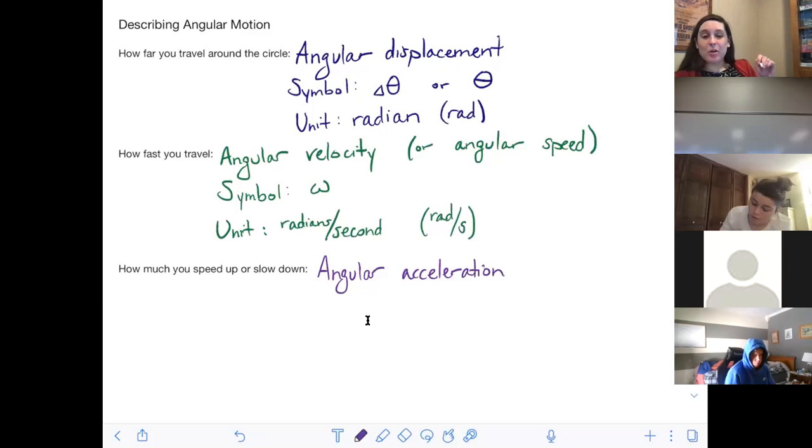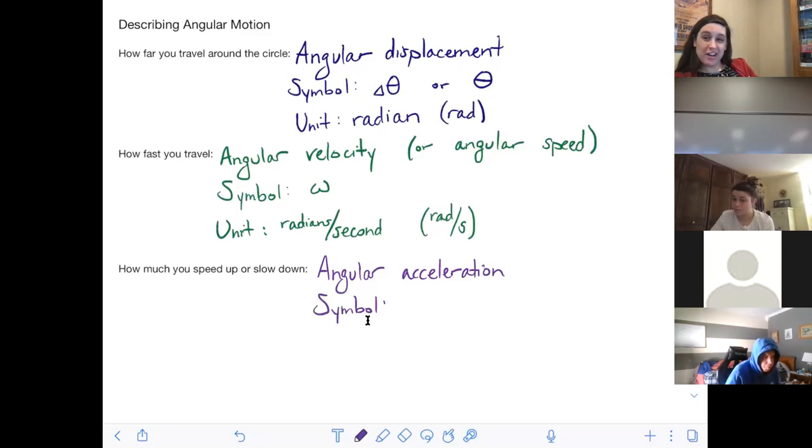We know that that's kind of what acceleration is describing to us. Are we speeding up? Are we rotating faster and faster as we go? Or conversely, are we rotating and then we slow down in our rotations? Those are both examples of some angular acceleration.